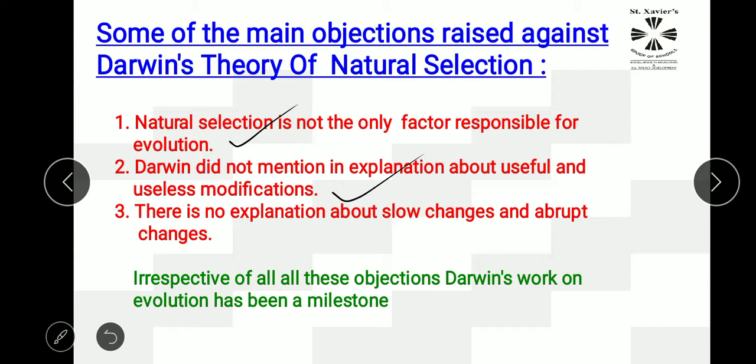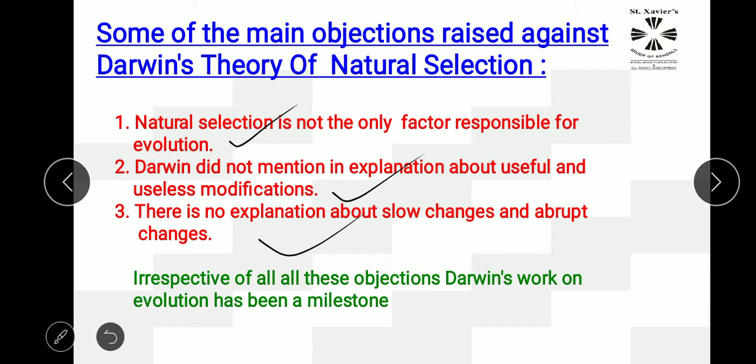Here there is no explanation about slow changes and abrupt changes. Students, we are talking about change in body, change in structure, change in behavior, generation by generation. There is change in behavior, body structure and strength, generation by generation, students. These changes are sometimes slow and sometimes abrupt.